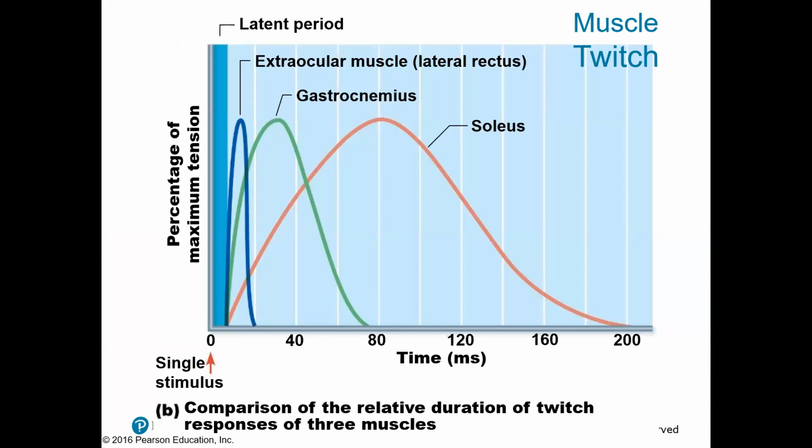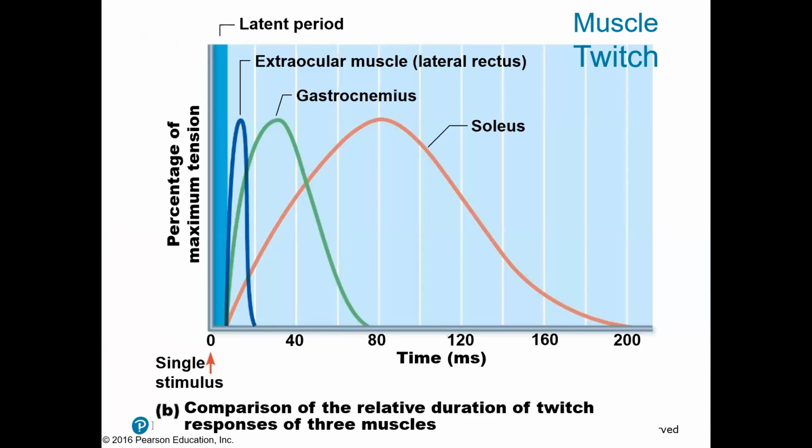On the far left there, we have the lateral rectus muscle of the eyeball, and it has the same latent period as everybody else does, but its excitation phase and its contraction phase and its relaxation phase are short.